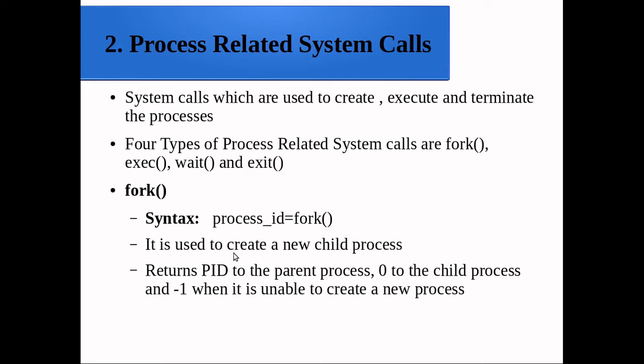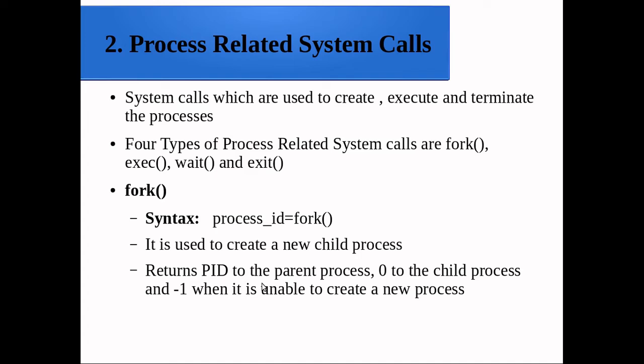After the execution of the fork system call, it will return the process ID to the parent process, and it will return 0 to the child process. If we were not able to create the new process, the return value of the fork system call will be -1.